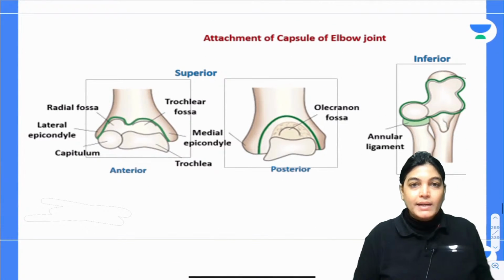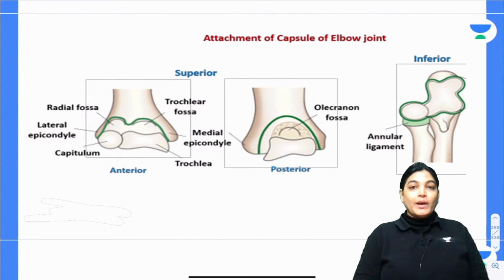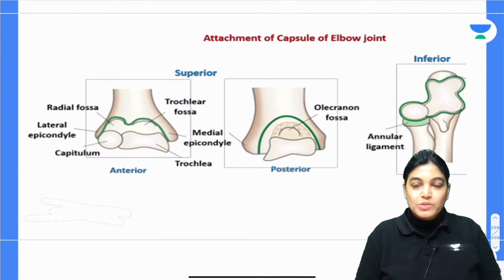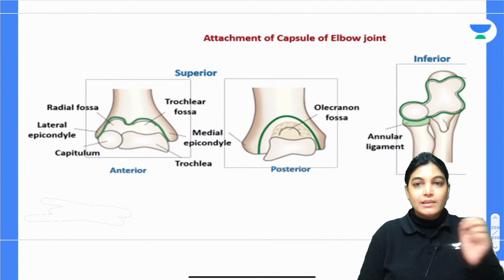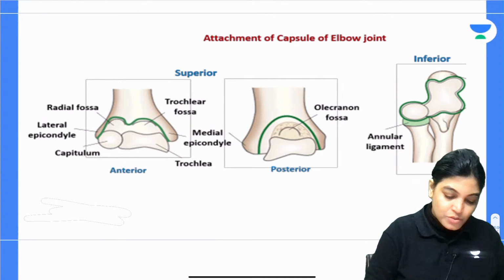This will be more clear once you see this diagram. See this, the attachment of the elbow joint fibrous capsule has been shown with a green colored pen.